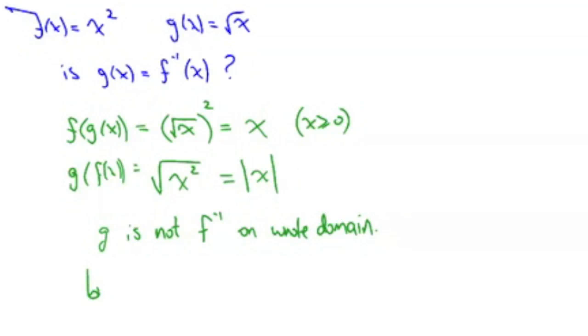But G is F inverse when x is always positive. So it is possible to have an inverse function with what's called a restricted domain. I talked about this earlier, that if we restrict the domain, we can actually find an inverse.